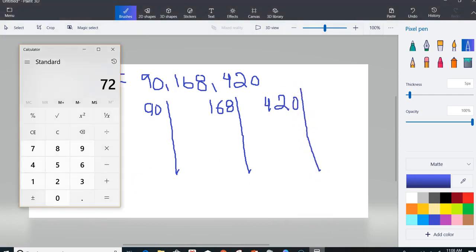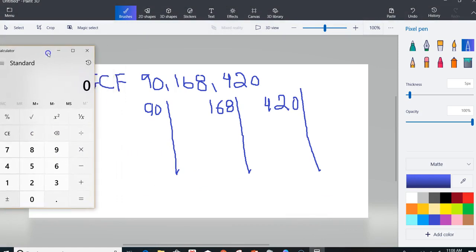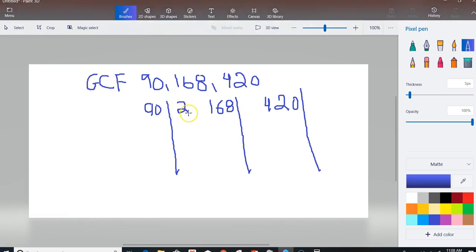Sometimes it's useful to get your calculator, just in case. We know that 90 is divisible by 2. That will give us 45. And we know that if we add 4 and 5, that's 9, and that's divisible by 3. That will give us 15.